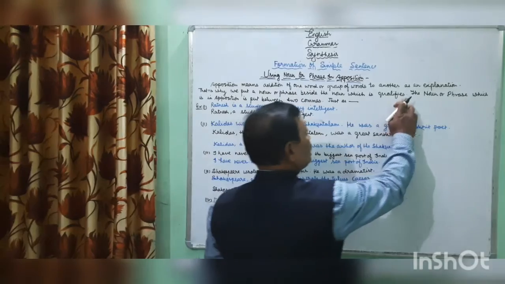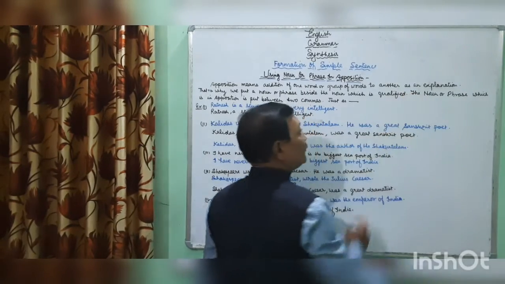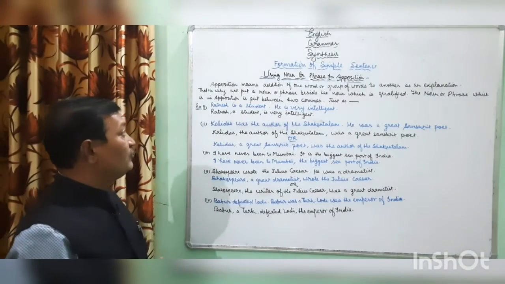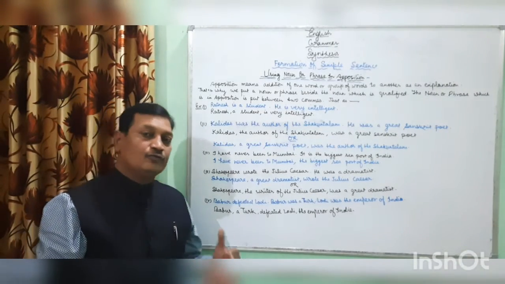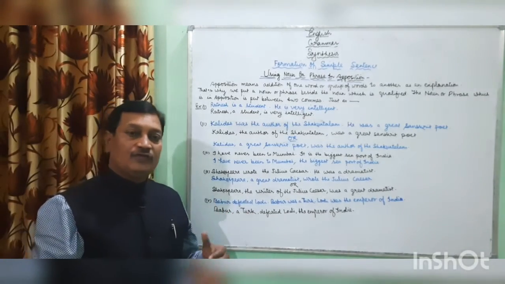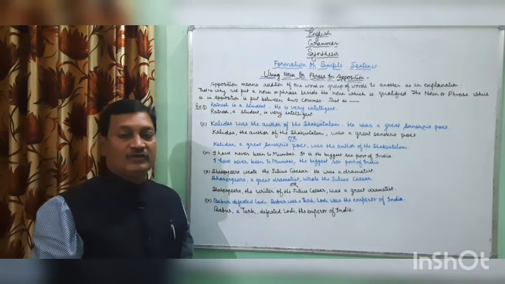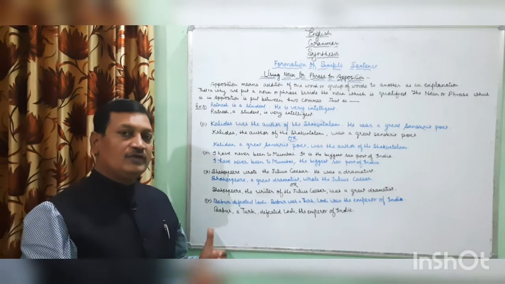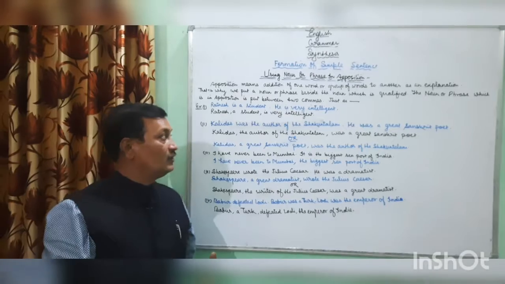The noun or phrase which is in apposition is put between two commas, if it is in the middle of the sentence. If the phrase or noun is at the end of the sentence, we use comma before it.